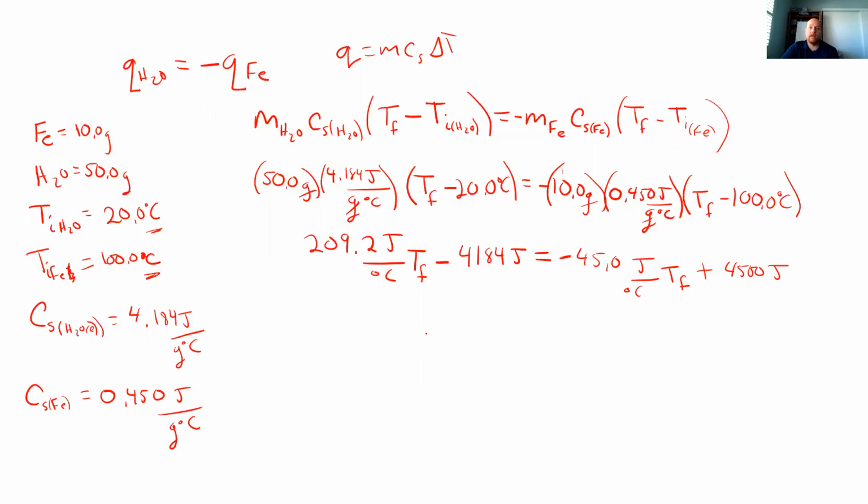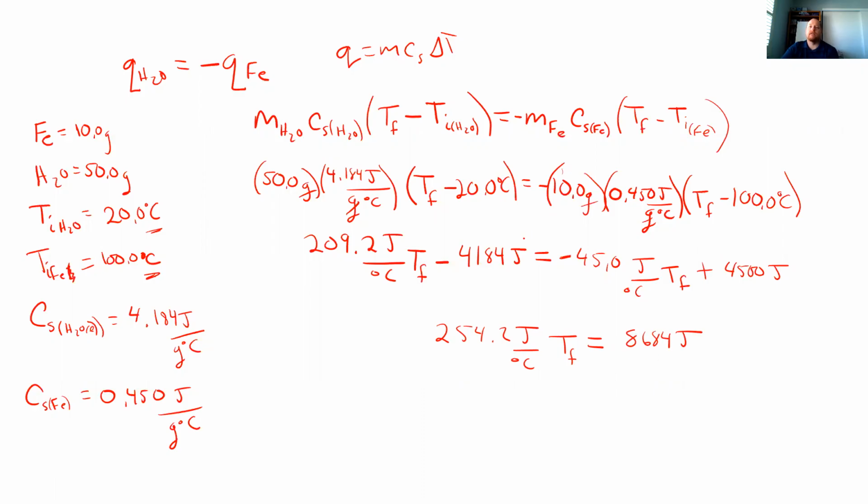Okay. And so here, we just get these on either side. We wind up with 254.2 joules per degree C times T, the final temperature, will equal 8,684 joules.